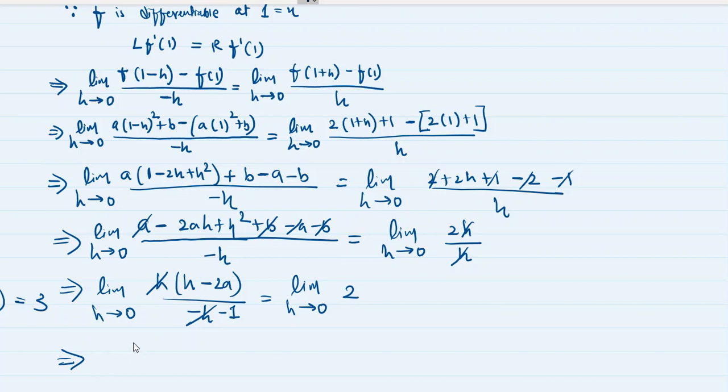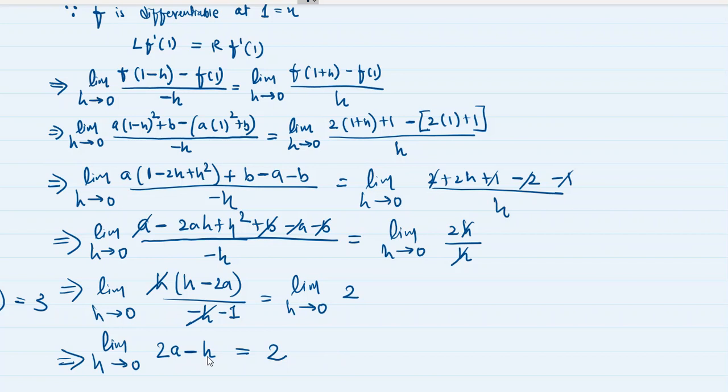So limit when h tends to 0 of h minus 2a. See, this minus 1 will go up and the signs will change. So this will become 2a minus h and this will become 2.